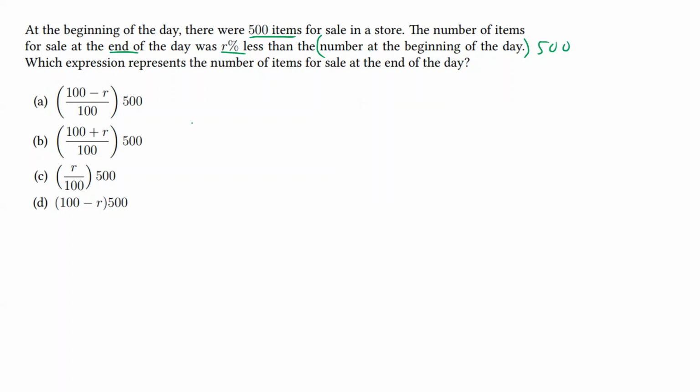As with the other problem, we have 100 minus R% of the original starting amount, which was 500. This describes the percentage decrease of R%. Remember that percent means per 100. So we have 100 minus R per 100. And this is multiplied by 500.